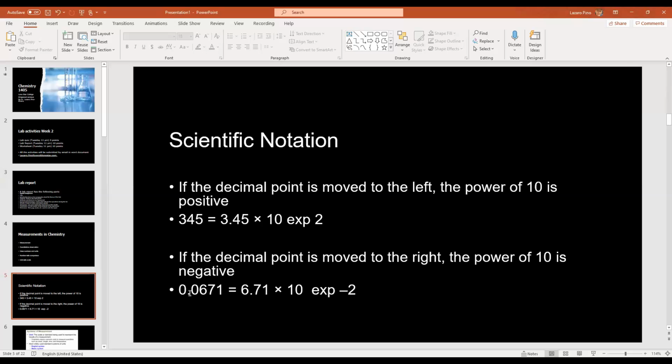If we are in front of a small number, we have to move the dot 2 spaces to the right. In this case, the exponent will be -2.